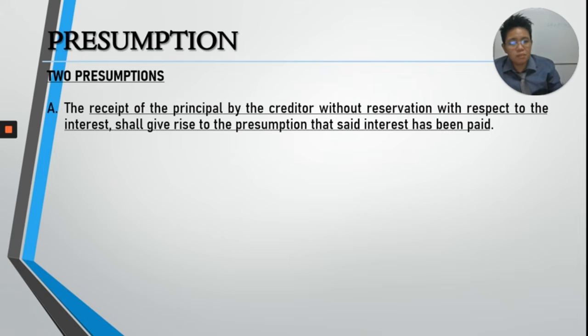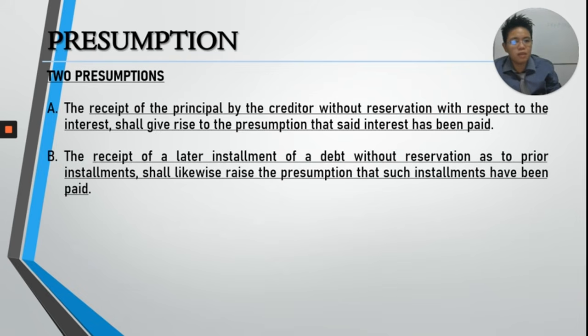So, kung nag-issue ang creditor ng receipt for the principal, there is a presumption that all interests have already been paid. So, remember, this happens when the creditor does not make any reservation with respect to interest. Hindi niya sinabing may interest pa. So, yun ang tandaan nyo. Kung wala siyang sinabing may interest pang due, the presumption is that all interest payments have been made.